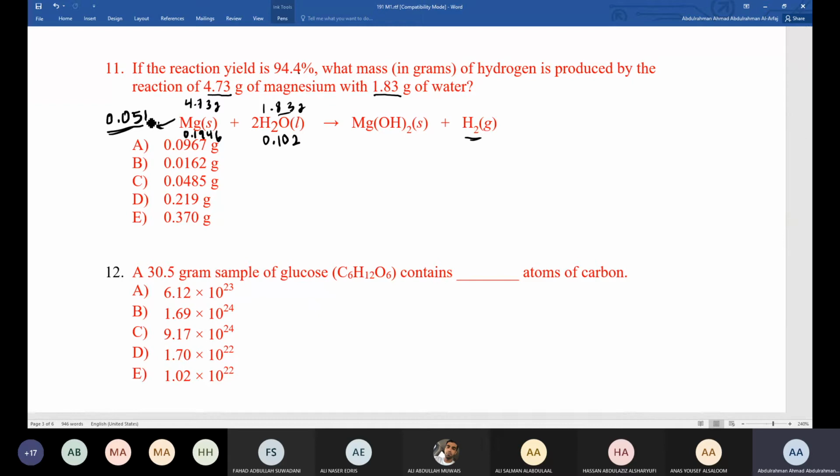How many moles of H2 are we going to produce? Same as magnesium, because it's 1 to 1. So it is 0.051 mole. How many grams is this?